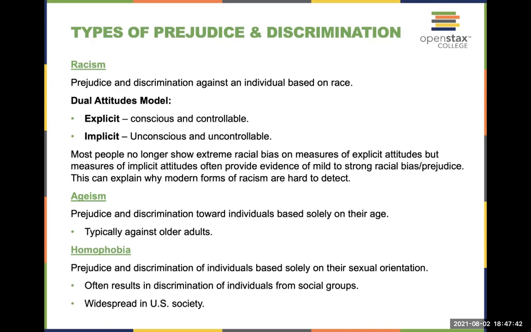It's more implicit measures that often provide the evidence, like if they're taking surveys that are designed to get to this information. And part of the problem with implicit attitudes is that it's a little bit harder to detect, right?